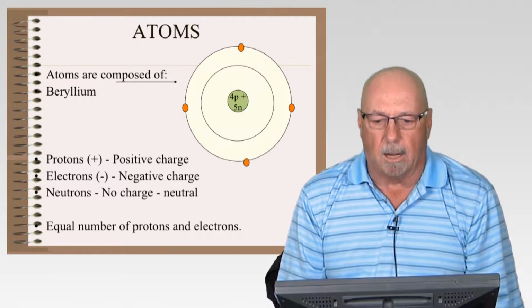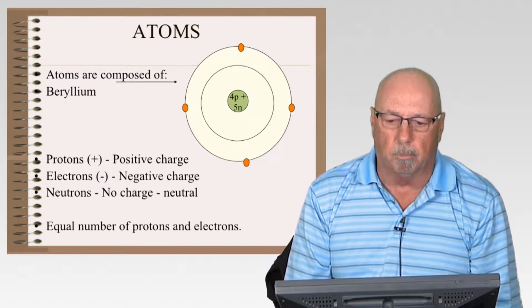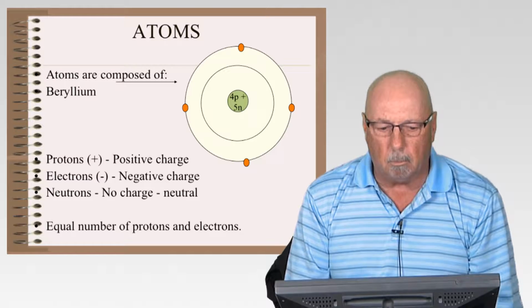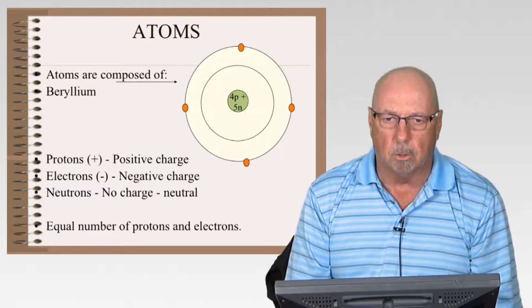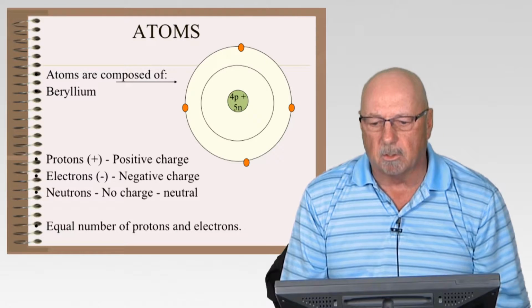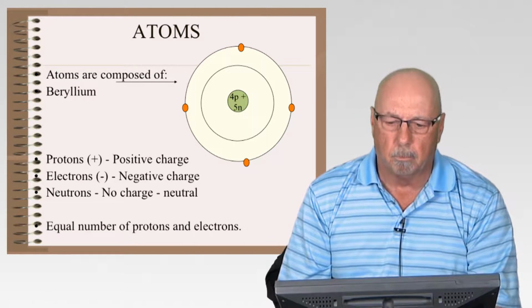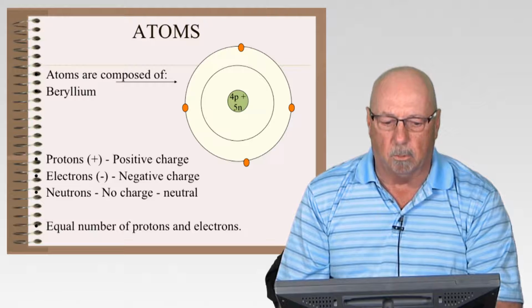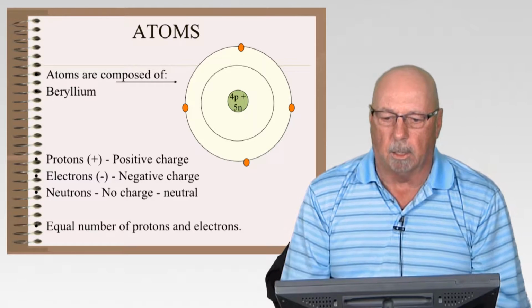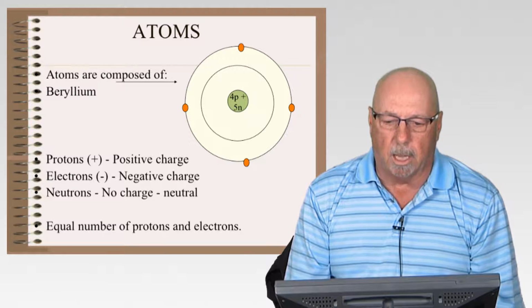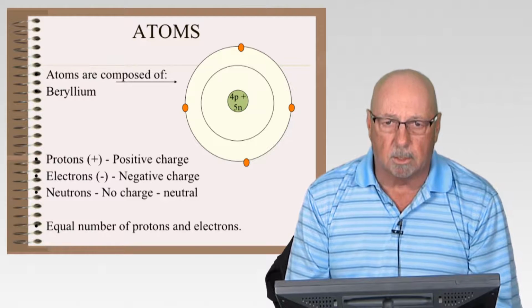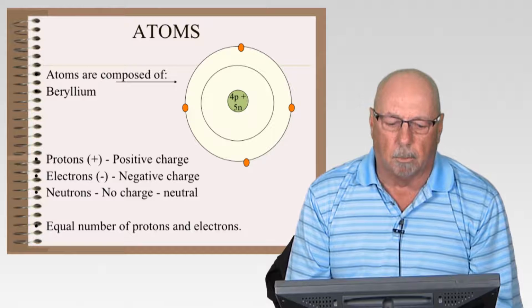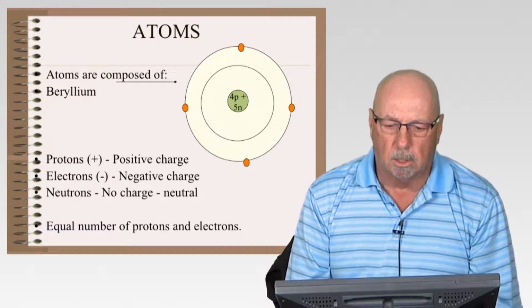If we look at the atom, it's basically composed of a nucleus, and in the nucleus we have protons and neutrons. The protons are positively charged, and the neutrons are neutral, with no charge. Around that nucleus we have orbitals which contain electrons, and those electrons are negative in charge.